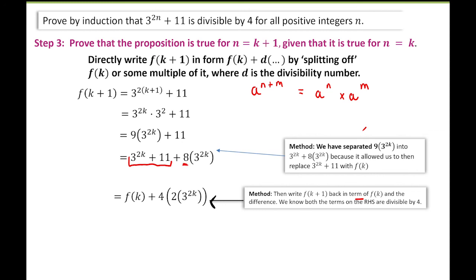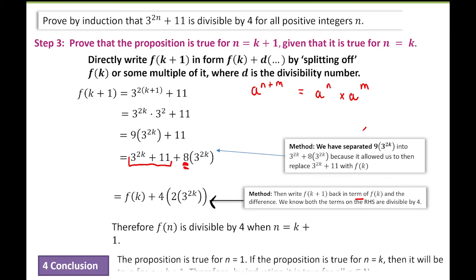So we know that 8 is divisible by 4, so we can write this as 4 times 2 times 3 to the power of 2k. We have therefore shown that f of n is divisible by 4 when n is equal to k plus 1.